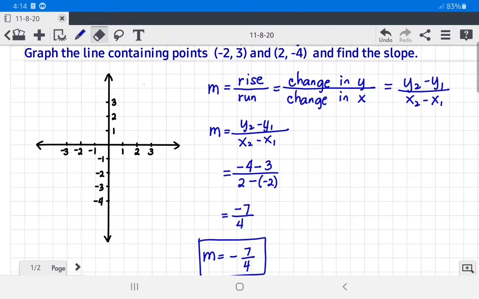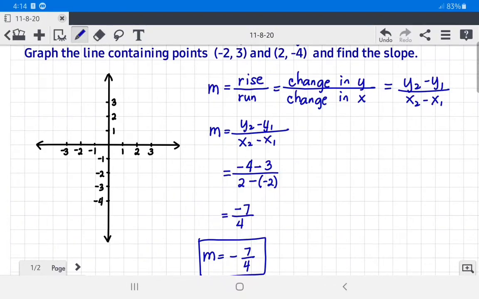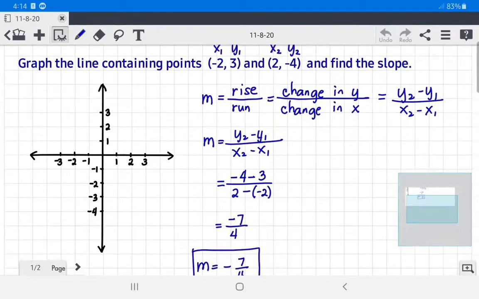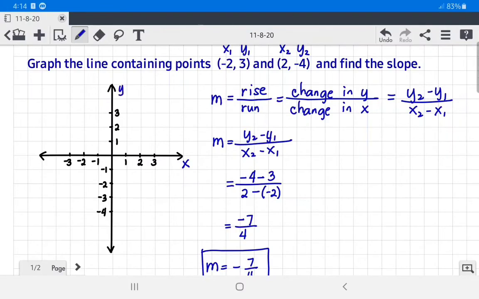Now, if we're going to find the slope graphically, let us plot this on a rectangular coordinate system. So, this is the rectangular coordinate system. We all know that the horizontal line is the x-axis and the vertical line is the y-axis. For our first point, negative 2, 3, you're going to look for negative 2 along the x-axis.